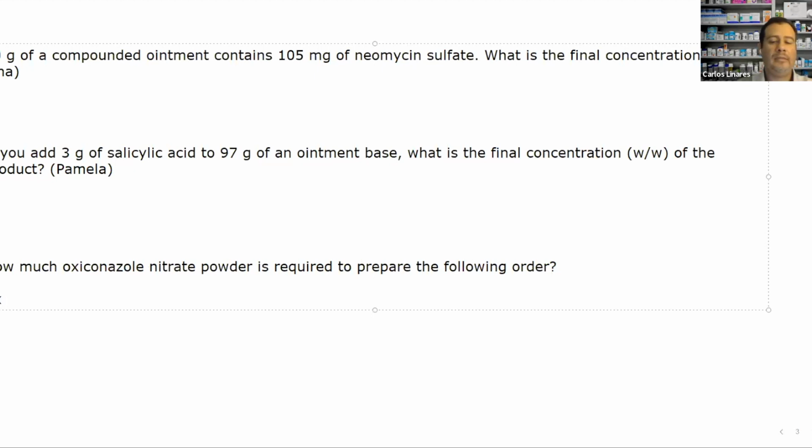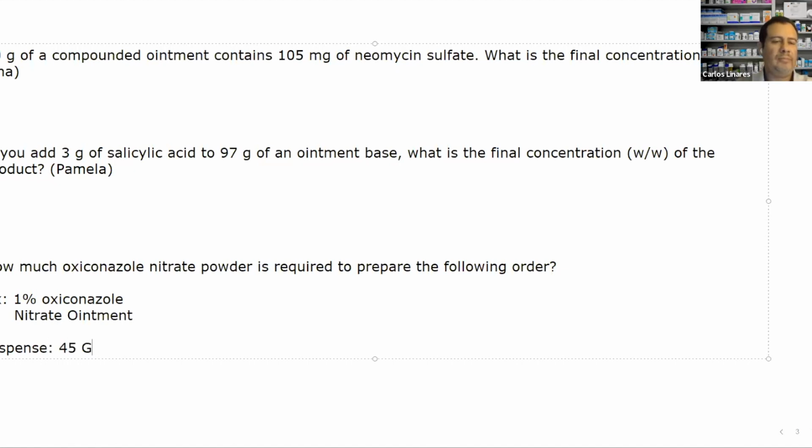So the Rx that you have to make is 1% oxyconazole nitrate ointment. Okay, that's what you have to make. 1% oxyconazole nitrate ointment. The doctor says to dispense 45 grams.